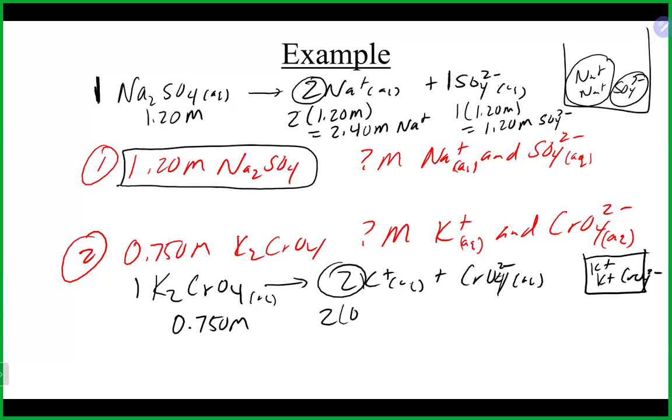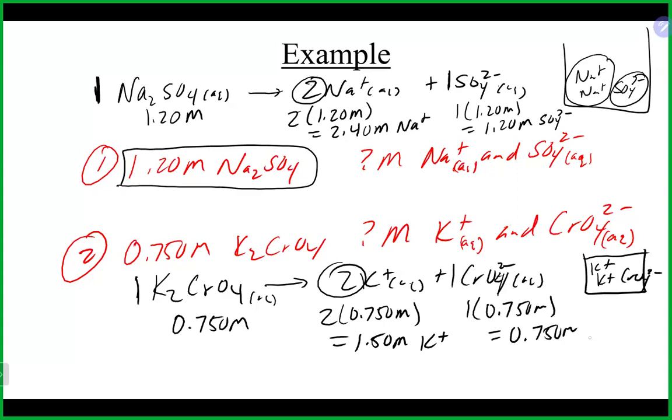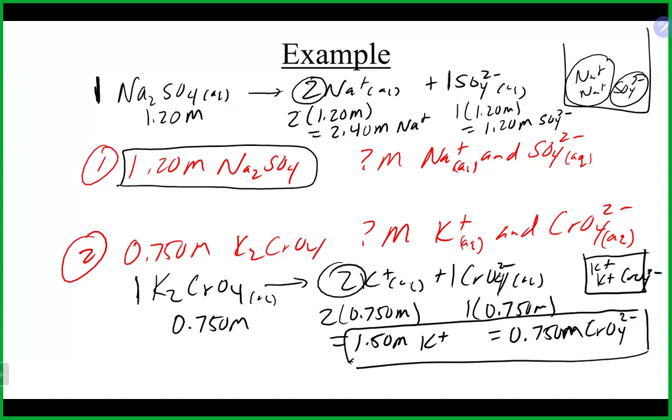So we're going to go 2 times 0.75 molar, giving us 1.50 molar of potassium ions floating around that solution. It is 1 to 1 in terms of the chromate. So we'll take 1 times 0.75 molar, giving us 0.75 molar of our chromate in this case. And same idea as above, we got basically twice as much potassium for every one chromate that goes in there. Any questions on either of those there?